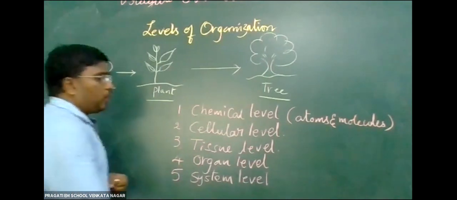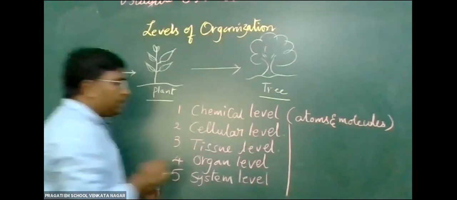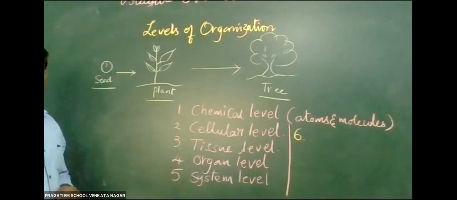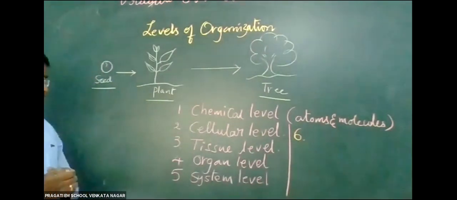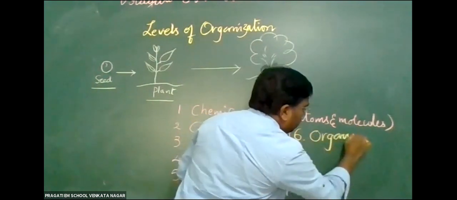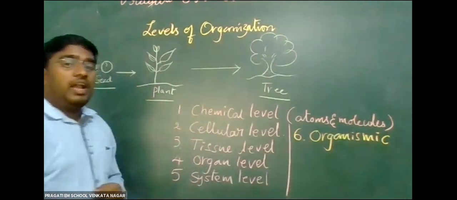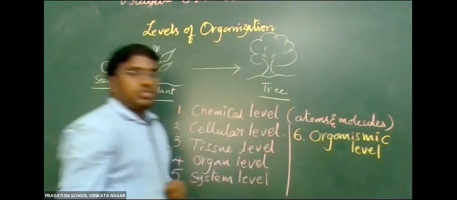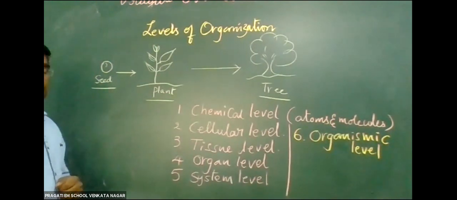Next, the sixth one I am representing here. After the system level, the next level of organization is the organismic level of organization.